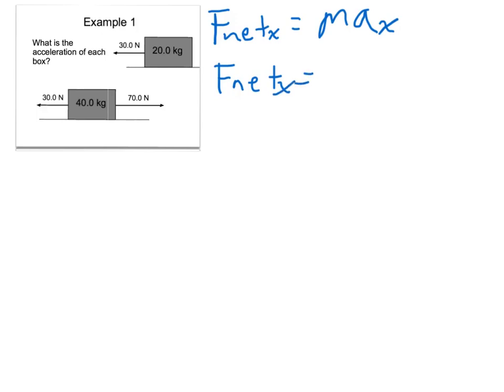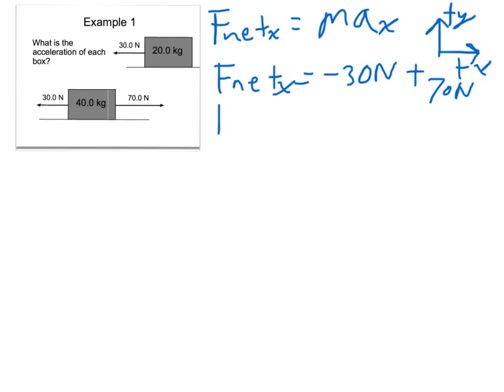I see a 30 newton force to the left, and remember from earlier, up is positive y, right is positive x. So that 30 newtons to the left would be negative 30 newtons. I also see 70 newtons to the right, that would be positive 70 newtons. I don't see any other forces in x, so F net x is negative 30 newtons plus 70 newtons, which gives me 40 newtons.